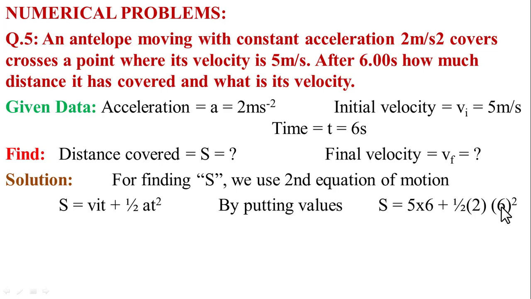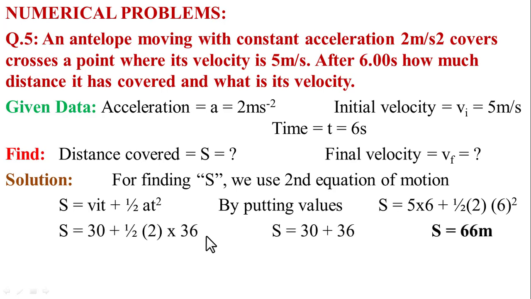Acceleration is 2 and t value is 6, so 6 square. Then S is equal to 6 5s are 30 plus 1 upon 2 multiply by 2 multiply by 36. 2 cancel out by 2, then distance S is equal to 30 plus 36. So the distance covered S is equal to 66 meter.